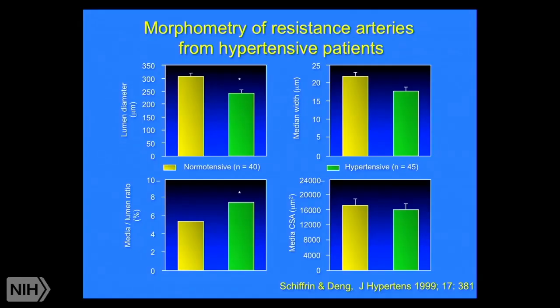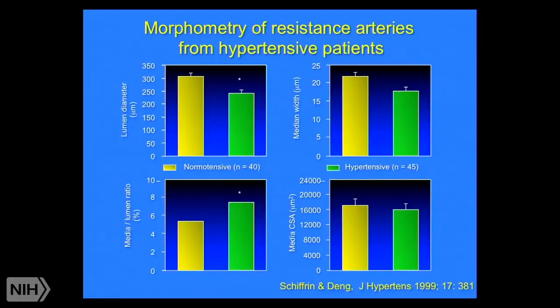And what we've been able to show using subcutaneous gluteal biopsies in our controls and in patients with hypertension, with diabetes, with chronic kidney disease, and other conditions, is the morphometry, the mechanics, and the function of these small arteries.